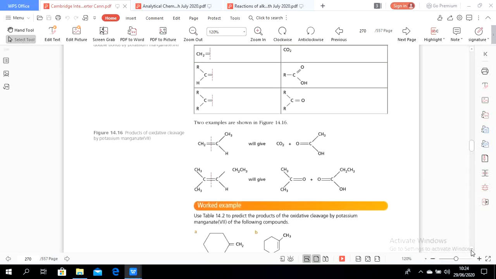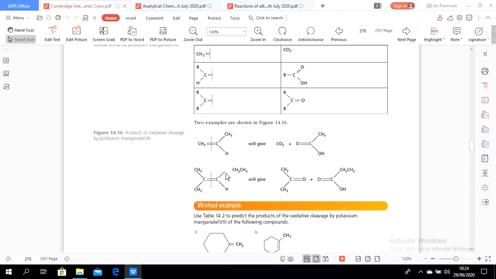Okay, so this is the structure of the ketone, and then this is the example. Here there are two hydrogens, so this one will become carbon dioxide, while this one has only one alkyl, and if it has one alkyl, it will become carboxylic acid. Over here there are two alkyl attached, and these two alkyl make this carbon become a ketone.